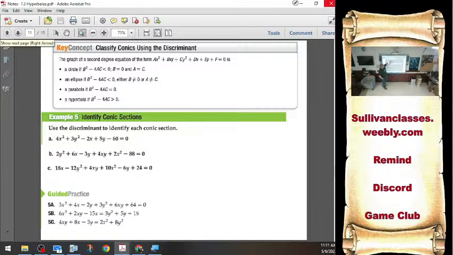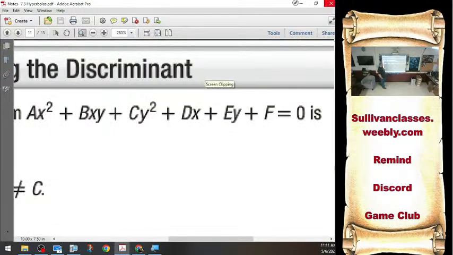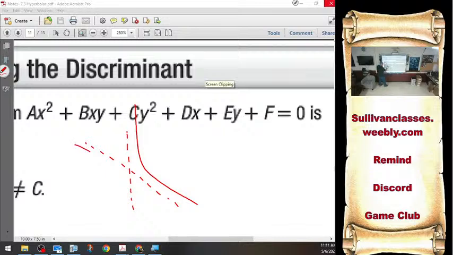See, it turns out that when you have those squareds, what they have not been showing us this whole time is that when I multiply stuff, it is possible I've got an xy term in there. And if I have an xy term, what that does is it rotates your conic sections.